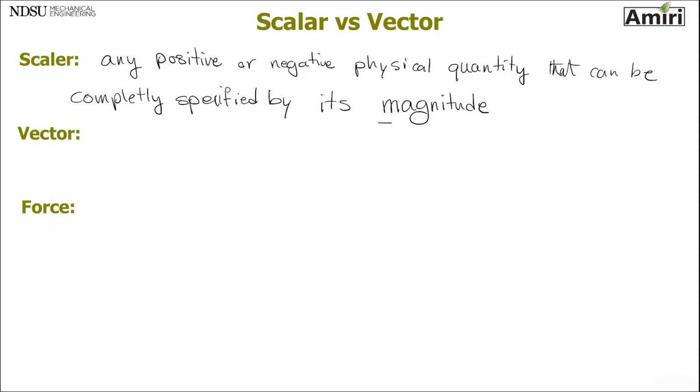This is an important word that we are going to be using a lot throughout this course. Magnitude. Can you think of some examples? Some physical quantities that could be completely specified by its magnitude only.